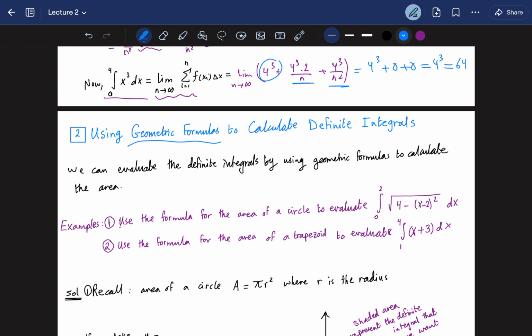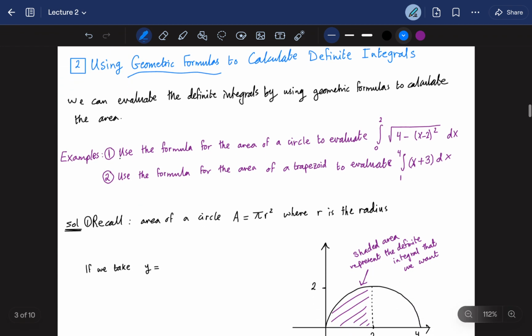So for example, if the area under that graph was a triangle, I know the formula for the area of a triangle. You just evaluate it and find the area, and that would be equal to your integral. So let's do an example so it makes more sense.